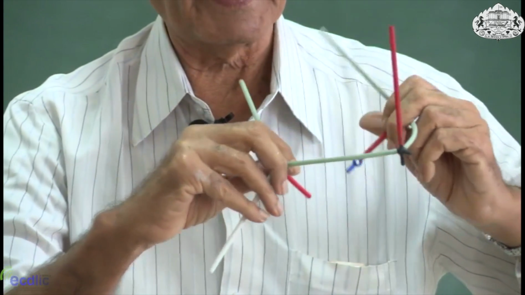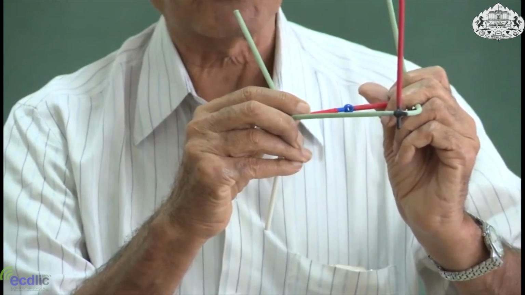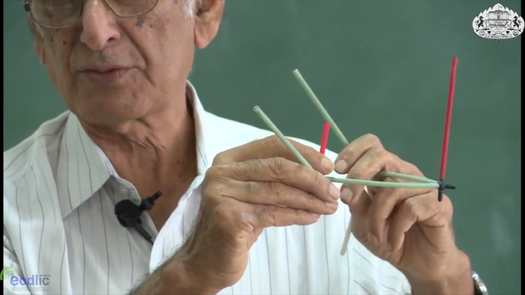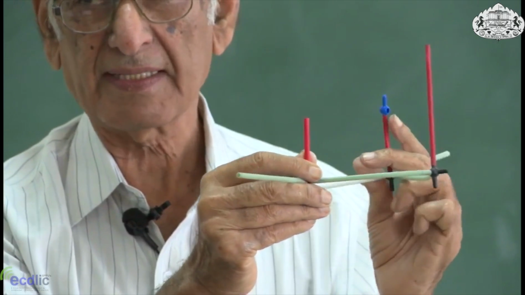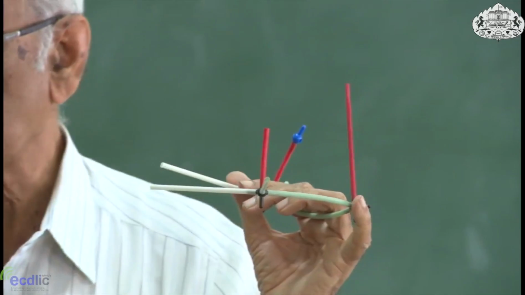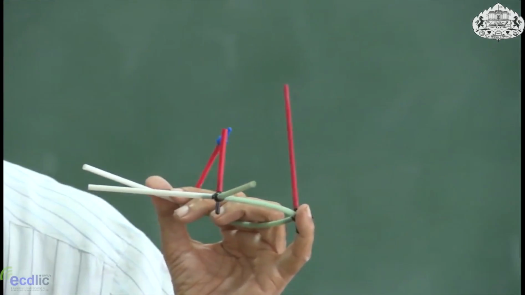If I open it in the other disrotatory fashion, I move this one clockwise, this one will move anti-clockwise, and my two methyl groups will go on the outside.